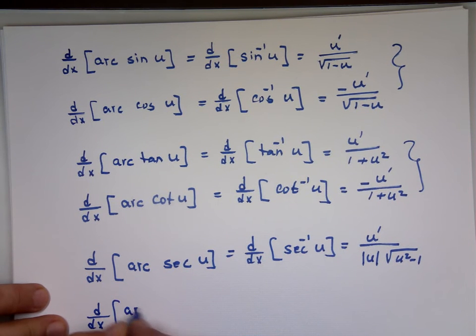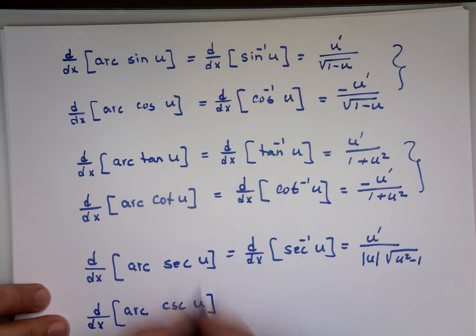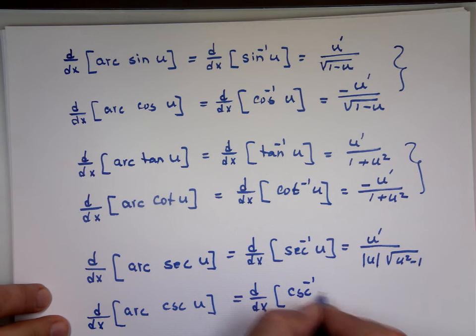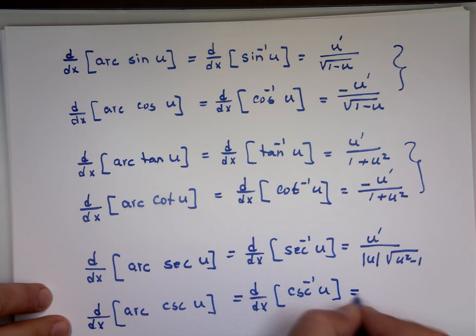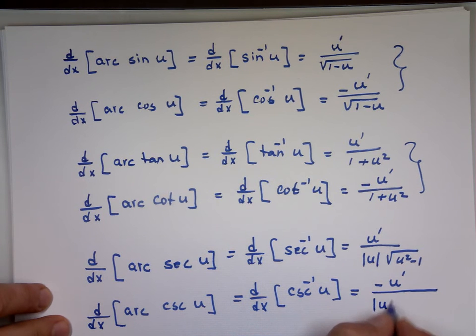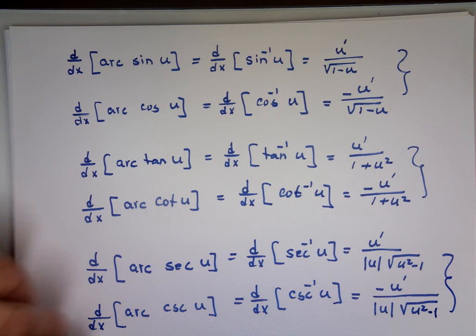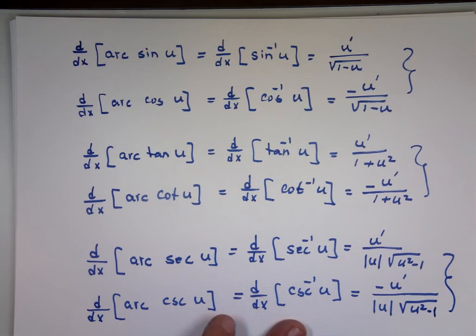It's not often we use these in engineering. Once in a while we use them. This will be a negative, so there's the other group. That's really what you have to know from this section. If you have an inverse function, these are the derivatives of them.